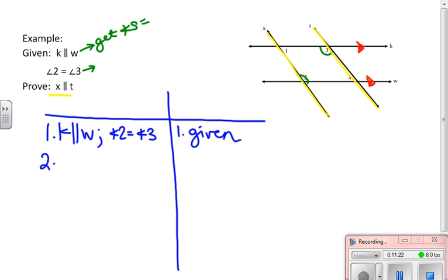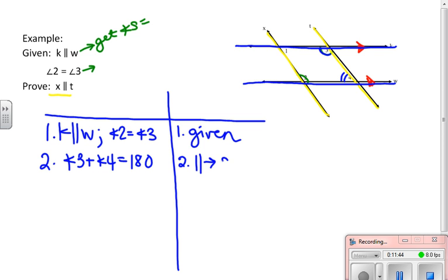So if I look at angle 3 and angle 4, they're formed by these parallel lines right here. And so I can say that angle 3 plus angle 4 is equal to 180 degrees. And that's because parallel implies same side supplementary.